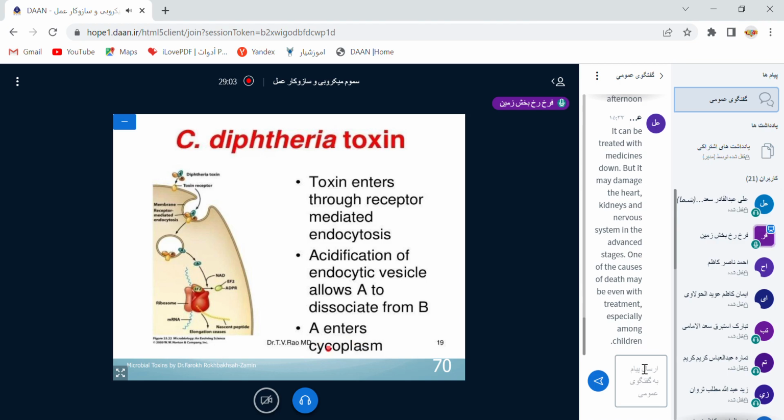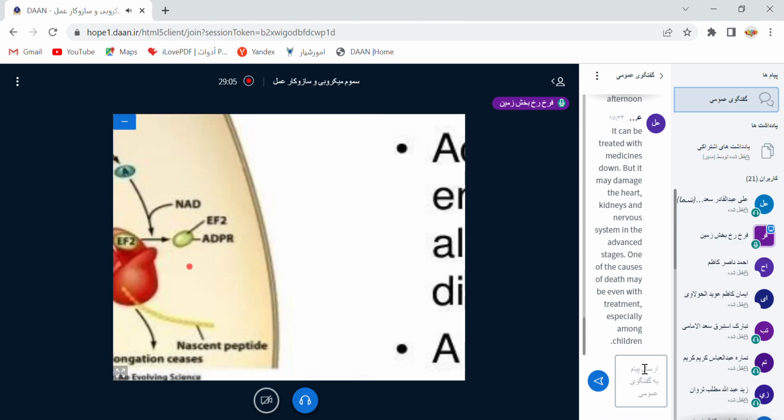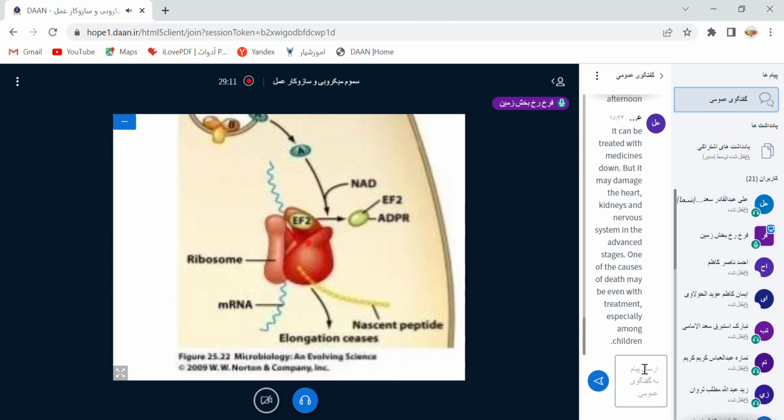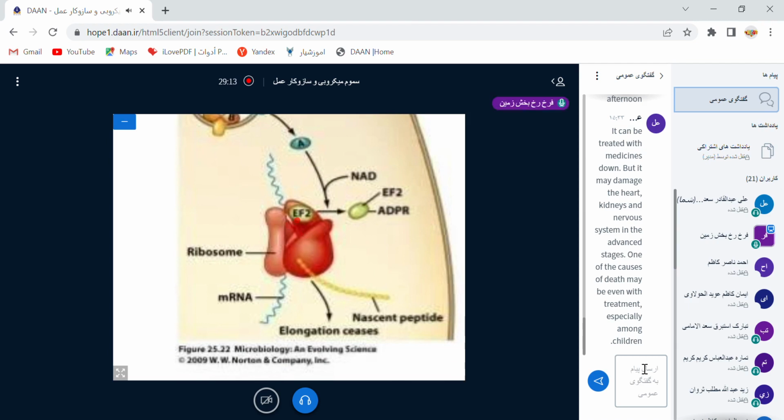A enters the cytoplasm, and going to find the ribosome, and in the ribosome going to find EF2. Don't forget we are talking about human ribosome.